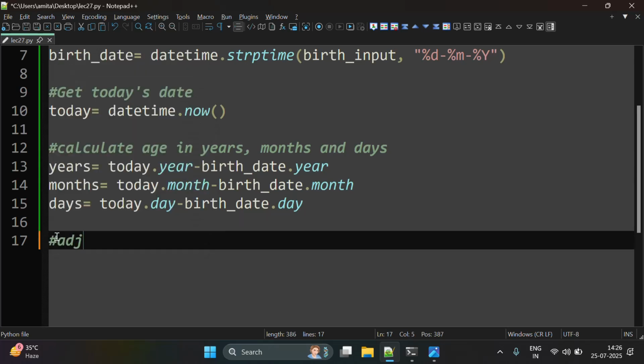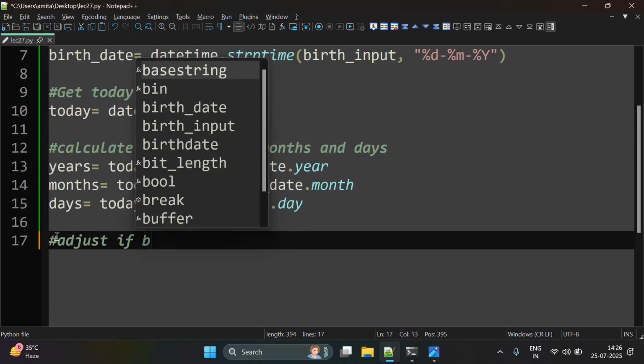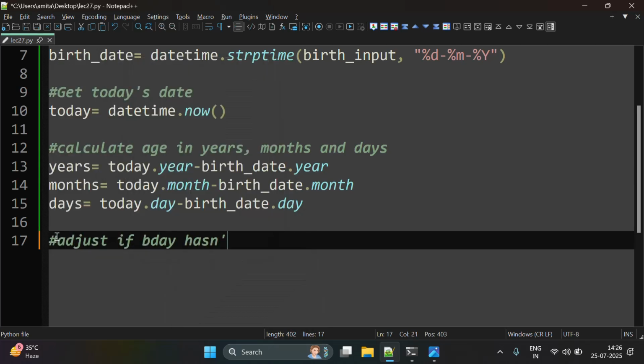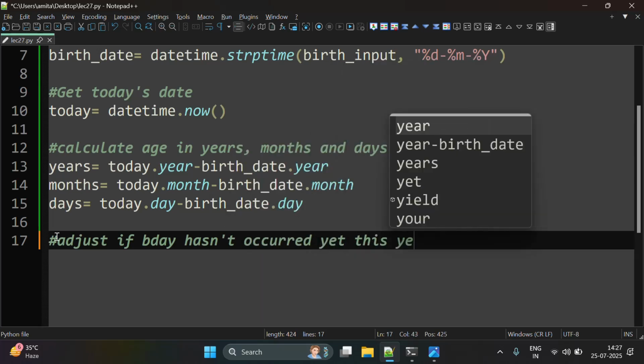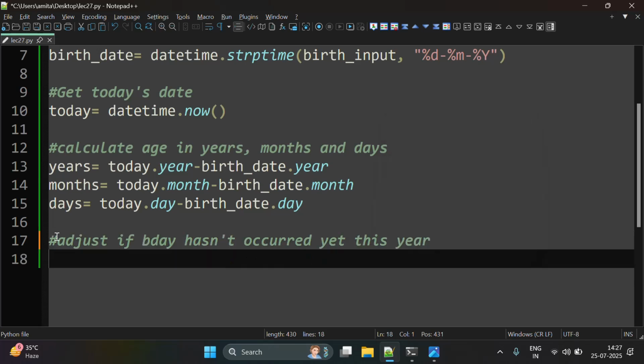Now we need to adjust if the birthday hasn't occurred yet this year. So how can we adjust that?